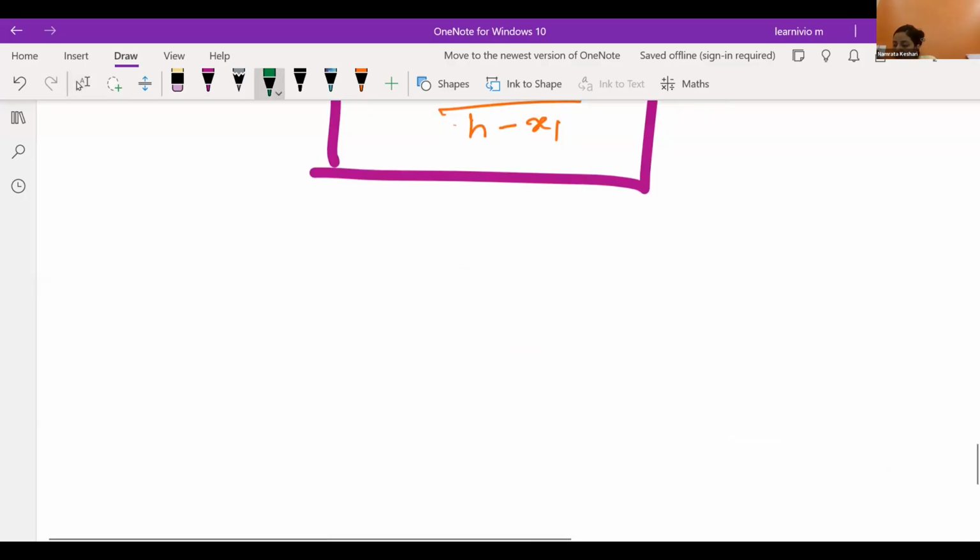Next one. The slope of a line is double.